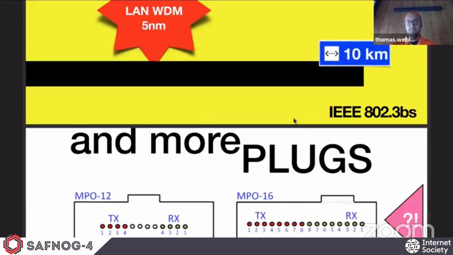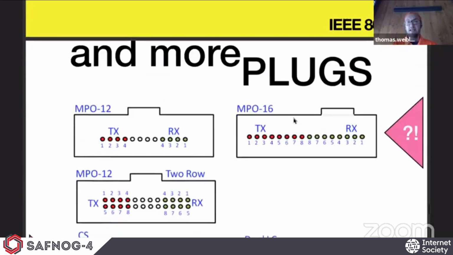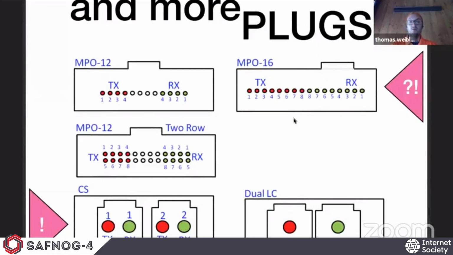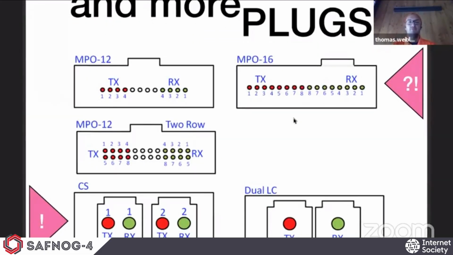Beside that, new plugs are coming again, and it's always a comparison with 100 gigabit. Within 100 gigabit, there was MPO12 or MPO12 two-row plug. This is a parallel plug, and now with 400 gigabit, we need at least for the multimode way, or even for the PSM solution, the DR4, we need a way to increase that. For DR4, the MPO12 is sufficient, so we have 4 lanes there, TX and RX.